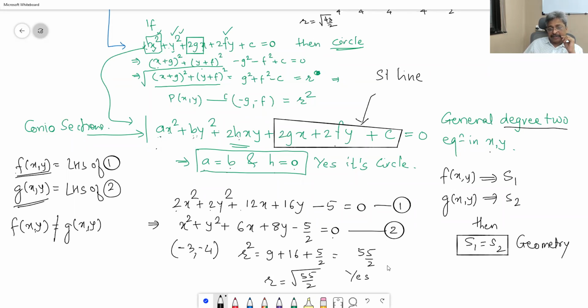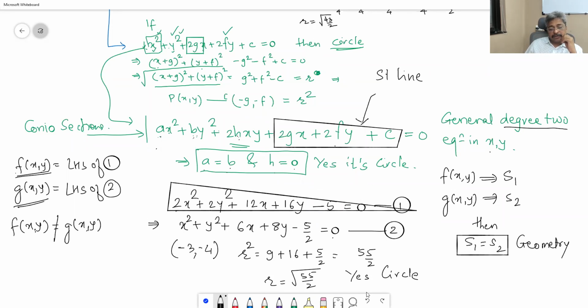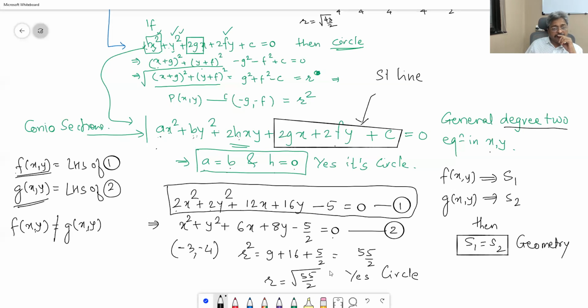Yes, circle. So this is also a circle, and hence this is the characterization of circle. Maybe note down this in your notebook. If you have not understood anything, you can ask.